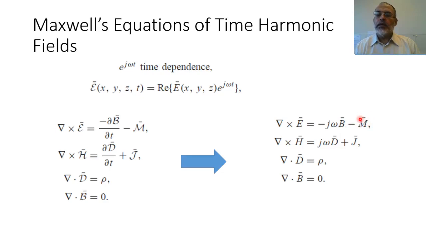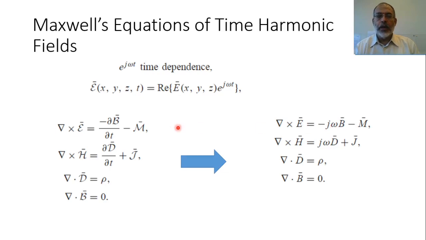Minus M is the equivalent magnetic current as a phasor, a function of x, y, z only. Effectively, e to the power j omega t has been eliminated from all parts. I have taken it into consideration in the derivative only, and it is replaced by minus j omega.